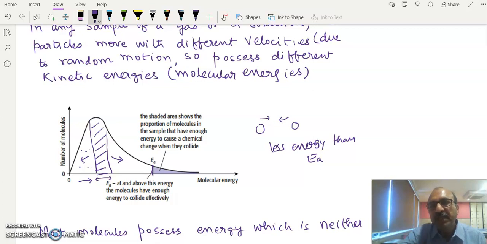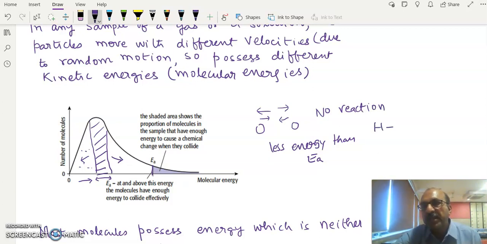then the molecules collide and they just bounce back. The bonds don't get broken, so there is no reaction. No reaction takes place because the energy is not sufficient to break the bond, for example, an H-H bond.